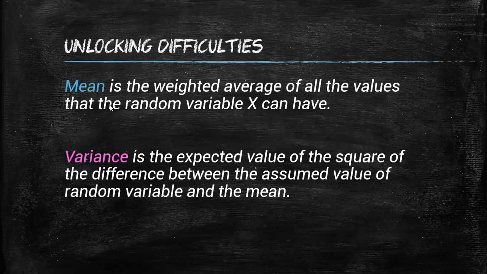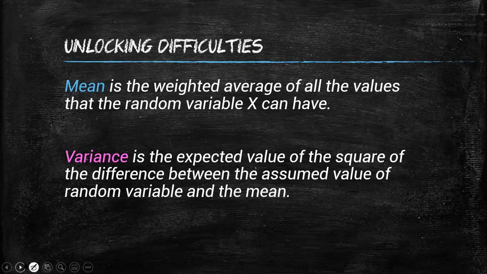Okay, so mean is the weighted average of all the values that the random variable x can have. A mean actually is a measure of central tendency. When we say it's a measure of central tendency, class, it's a number that would best represent our set of values.